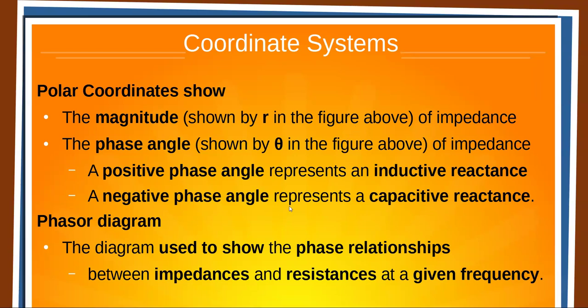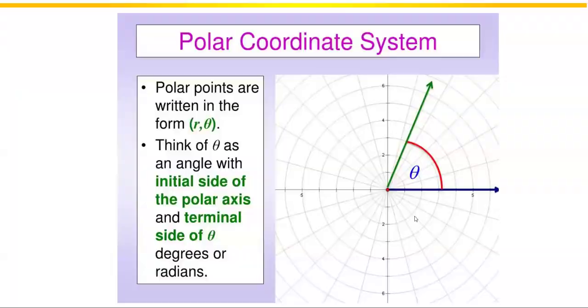Now they bring in phasors, which I had a hard time finding some examples where you use these phasor diagrams. Fortunately, there's only like one question. This is an example of the polar coordinate system and how you plot the same thing we did on the rectangular. You've got a vector at an angle.